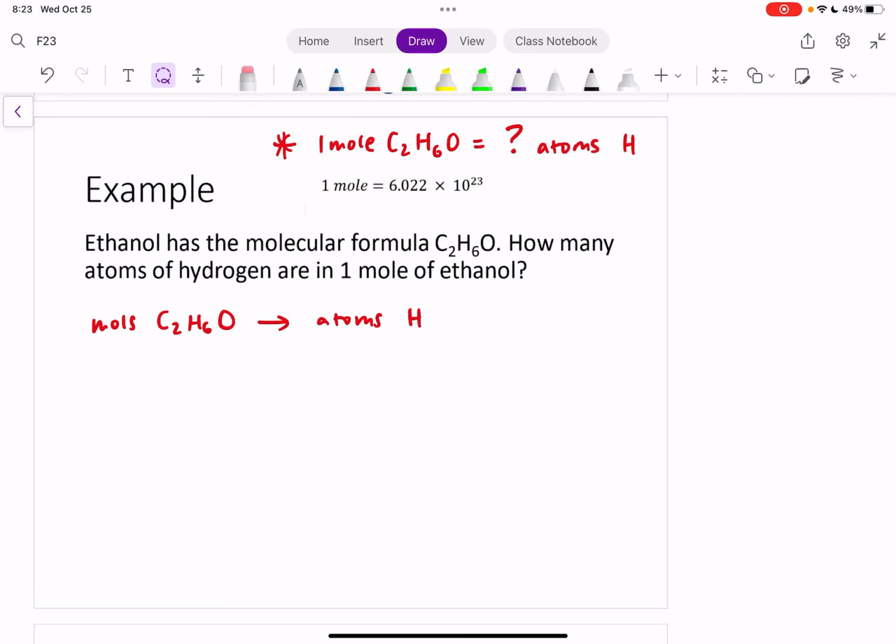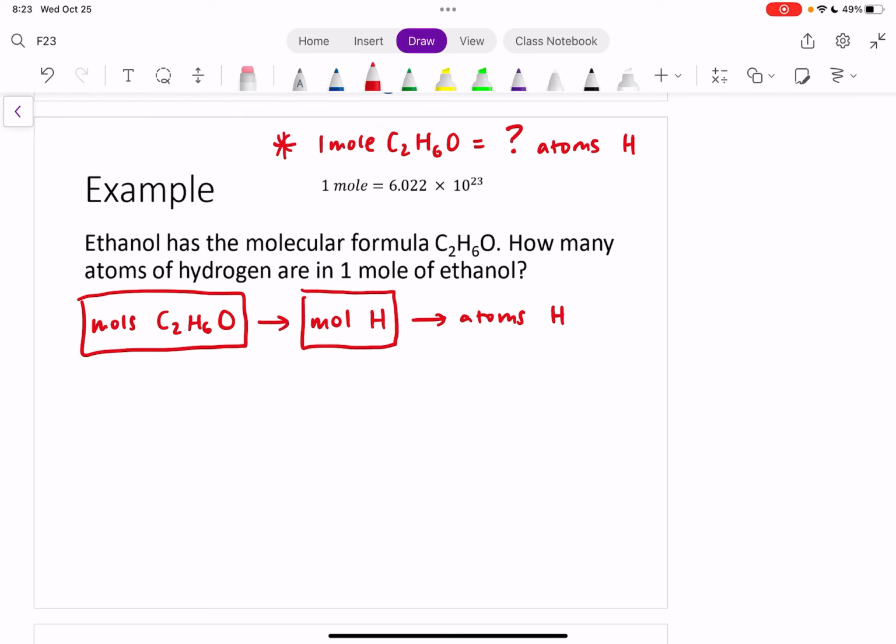So that's our general problem-solving strategy.